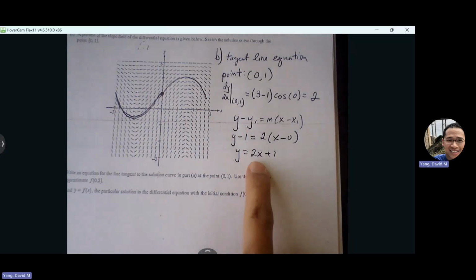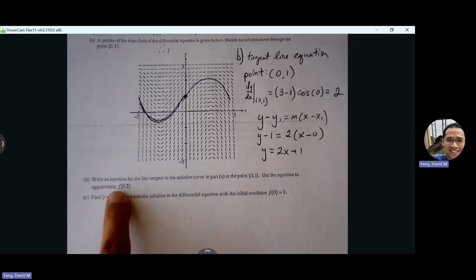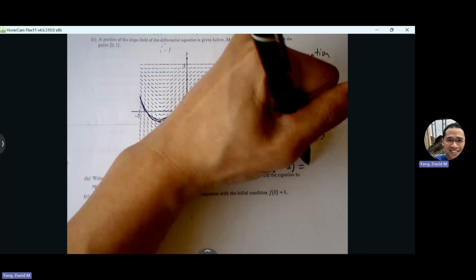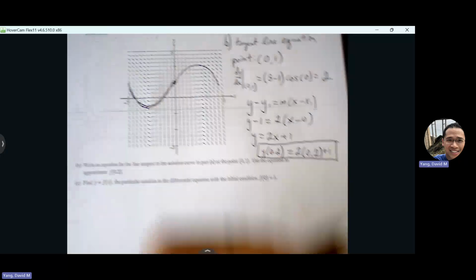Okay, so there's our tangent line equation. And then our last part is the linear approximation. So we're just going to plug 0.2 in for x. And that's all we need to do. This is sufficient to earn full credit.